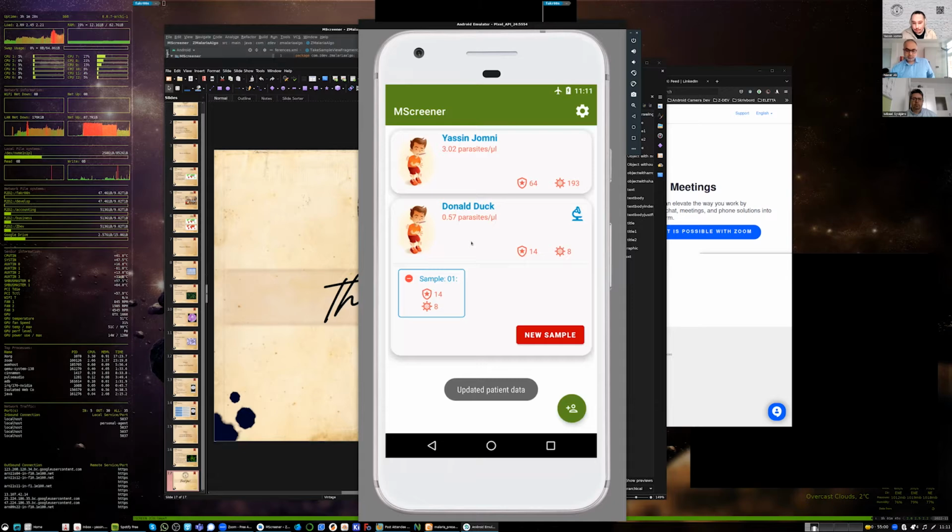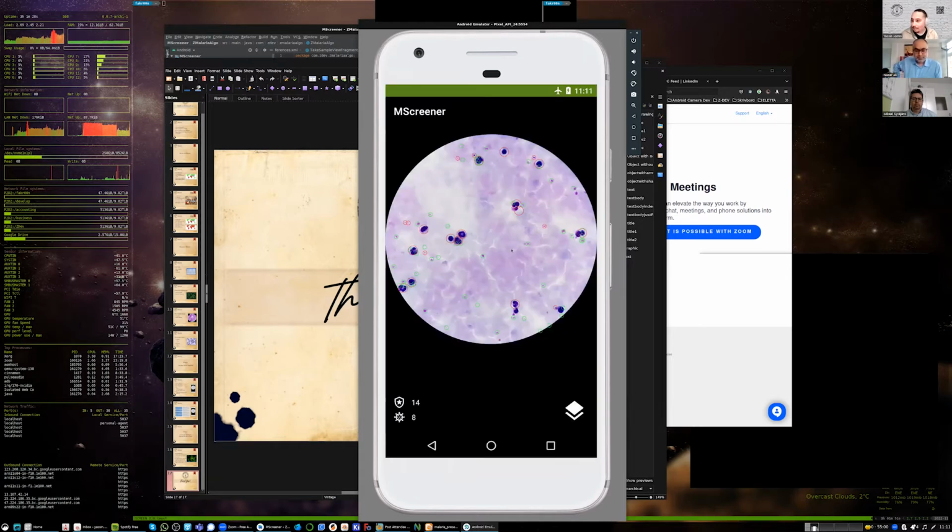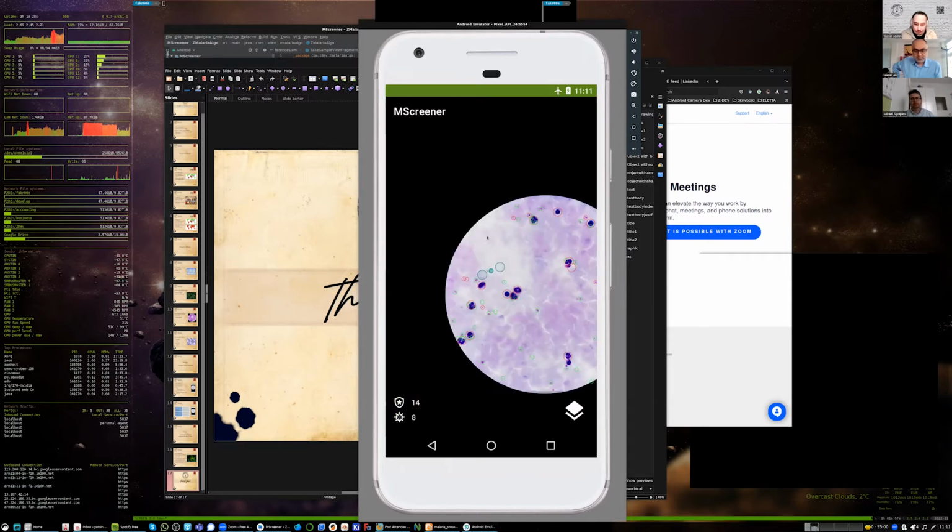So now Donald Duck apparently is. This is a demo. I don't have a microscope or anything. And then you can zoom in.